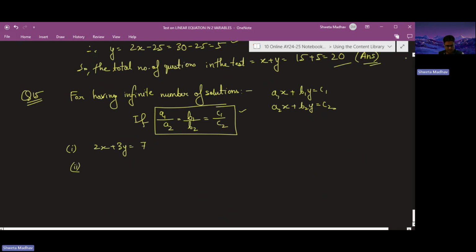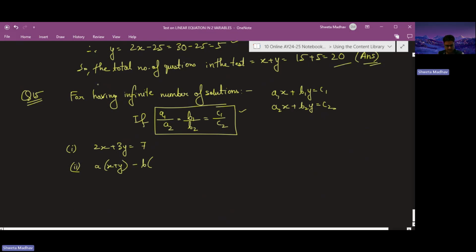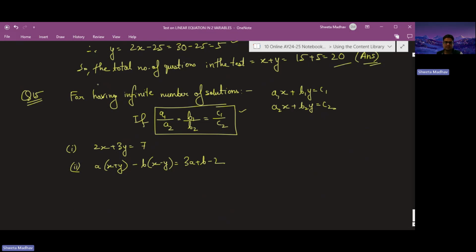And the second equation is a into (x plus y) plus b into (x minus y) is equal to 3a plus b minus 2. Now we have to simplify it, rearranging so that we have the coefficients of x and y in equation 2.